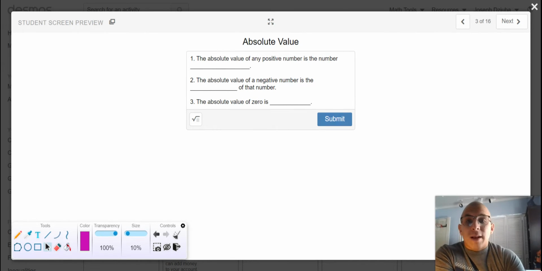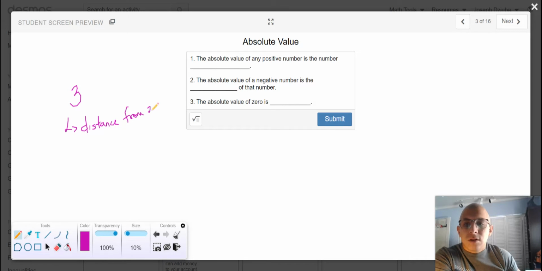So with absolute value, if we think of the number 3, we ask ourselves, what is the distance from 0?